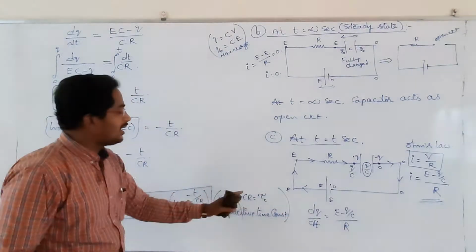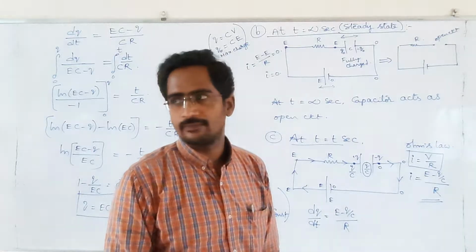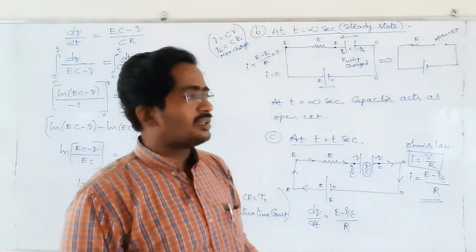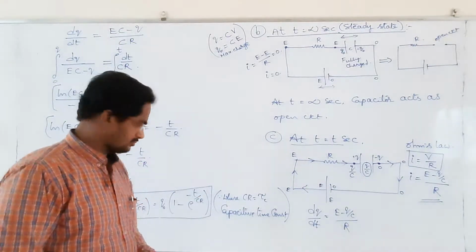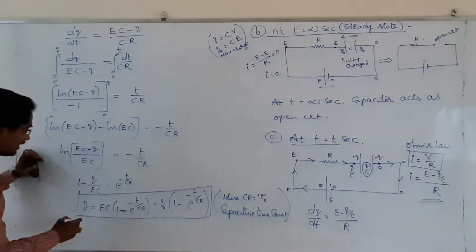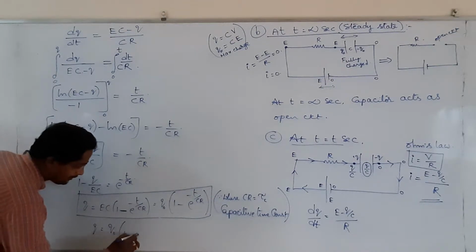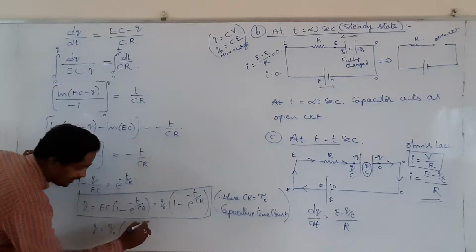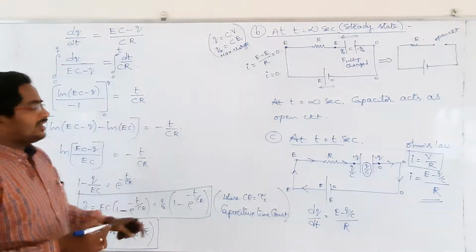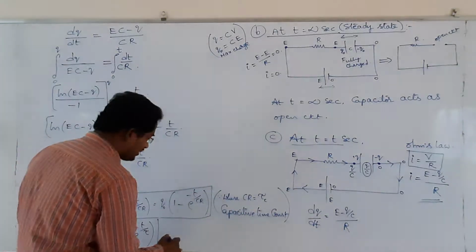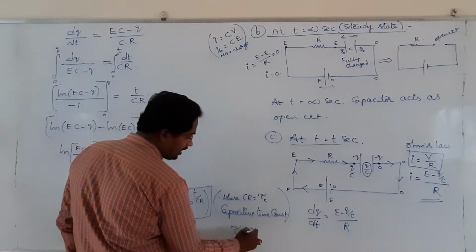It is simply analogous to the inductive time constant you saw yesterday. The analogous quantity is tau C. So we can write Q equal to Q naught into 1 minus e power minus t by tau, where tau equals CR seconds.